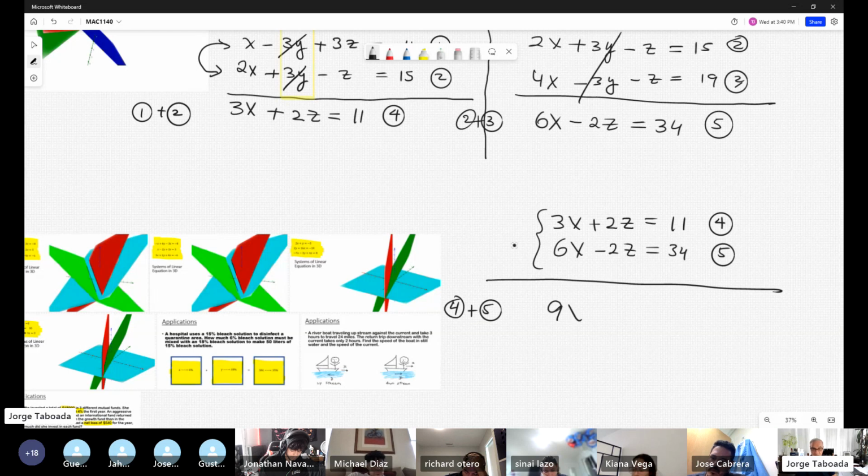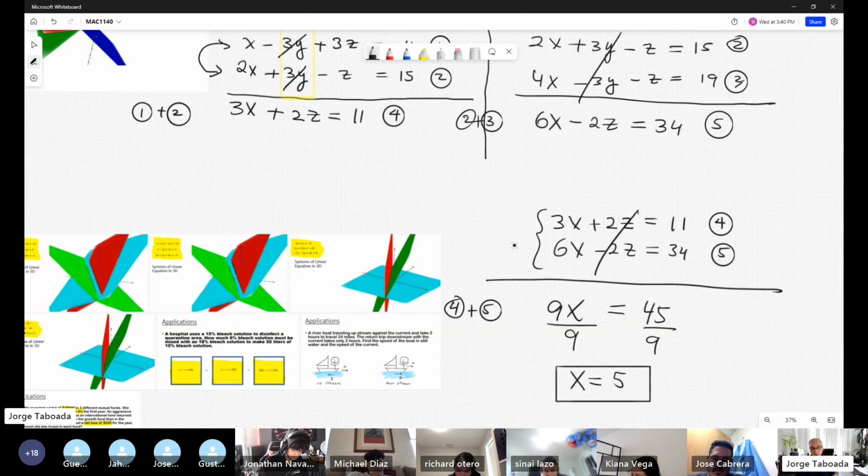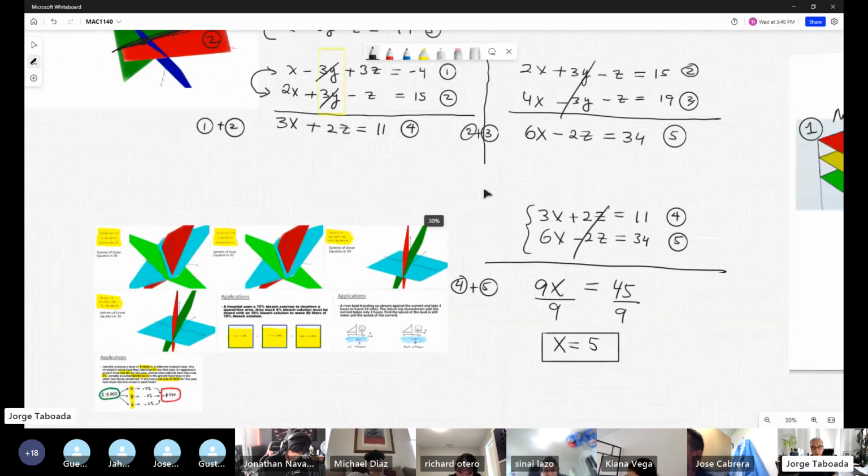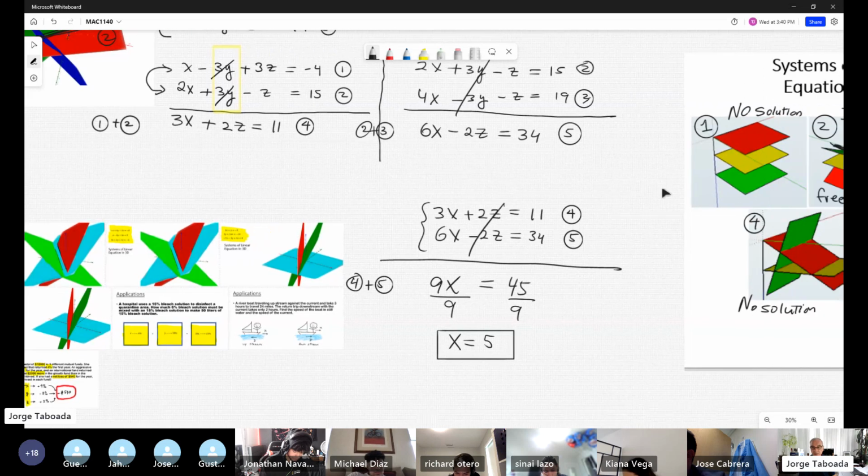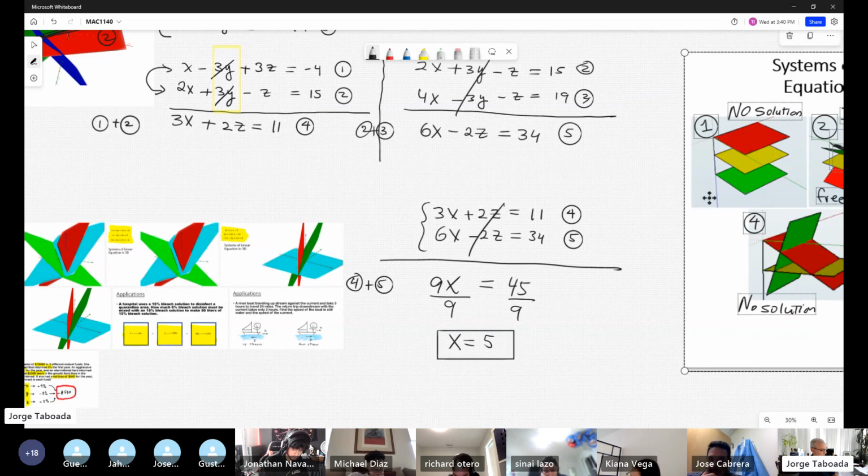It's 9x. The z is canceled, 0 again, and we have 45. Divide by 9 both sides: x equals 5. Bang! But I need to find y and z. I need to find the ordered triple x, y, z. Let me delete this picture.